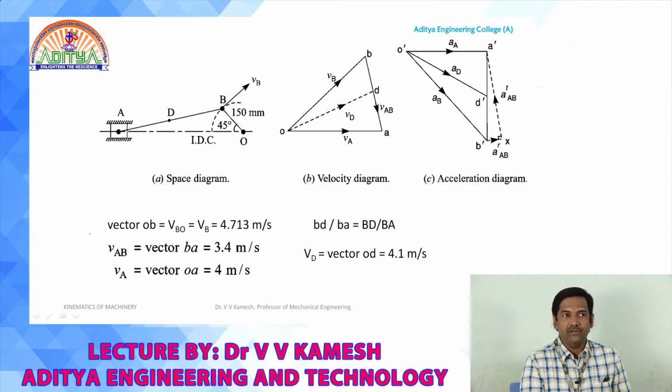The first thing we need to do is calculate the velocity of B with respect to O. This velocity of B with respect to O will always be perpendicular to the link BO.